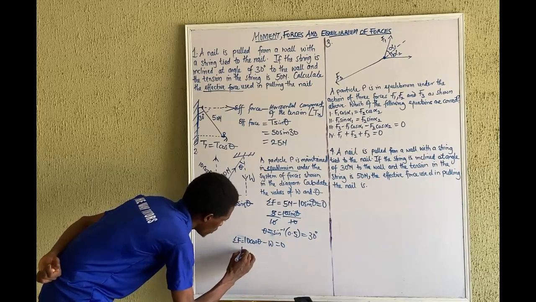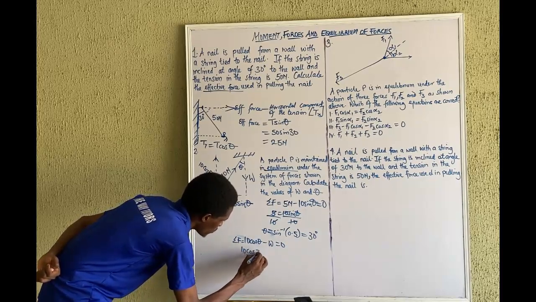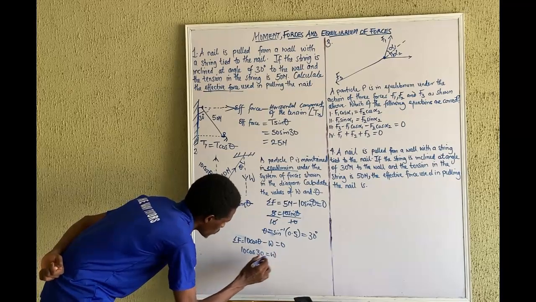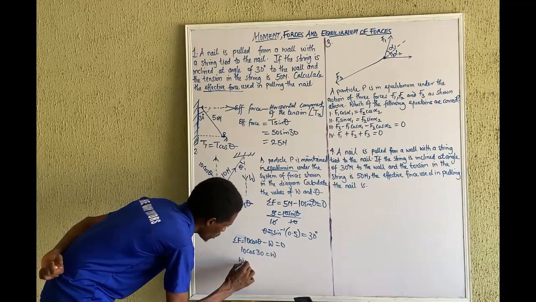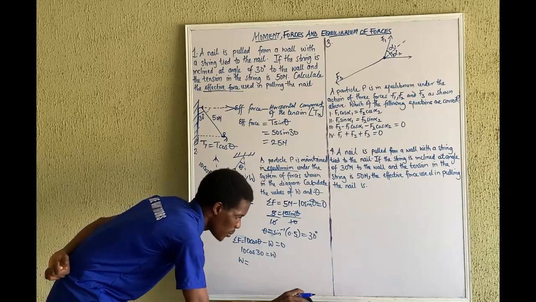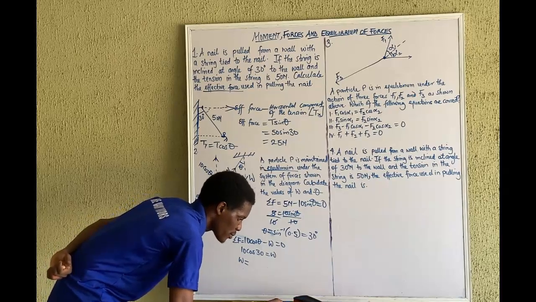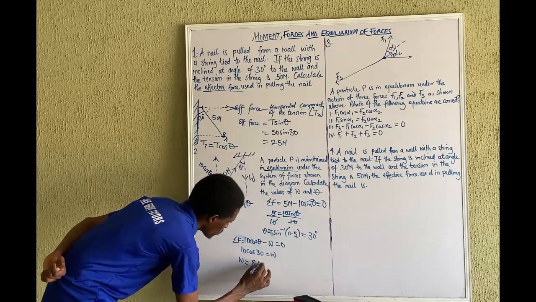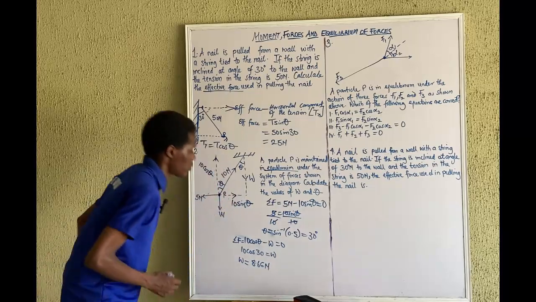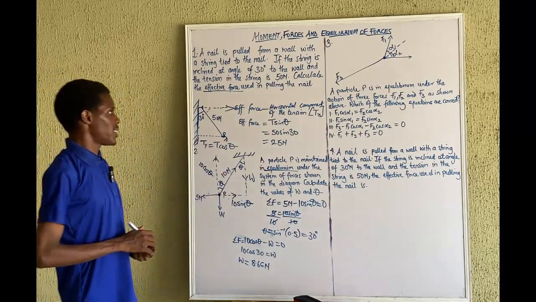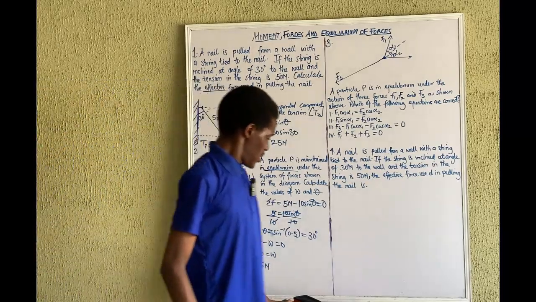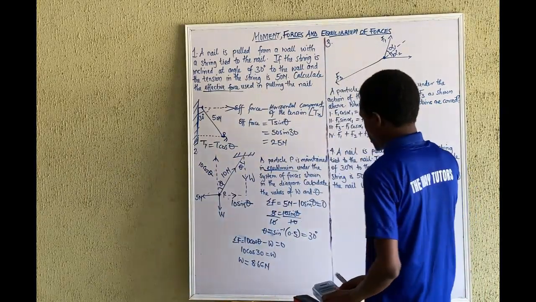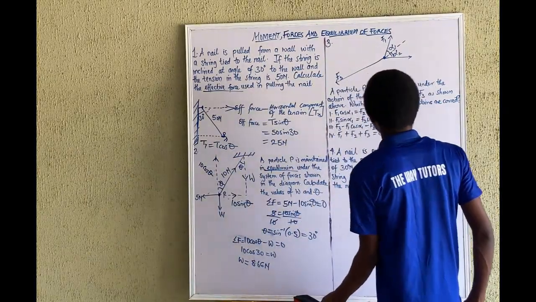Bring it to this side. Then cos 30, which gives 8.66 Newton. All right, let's go to the next.